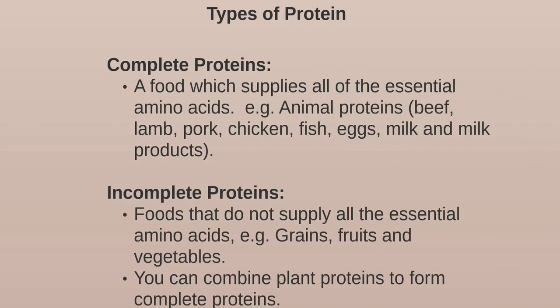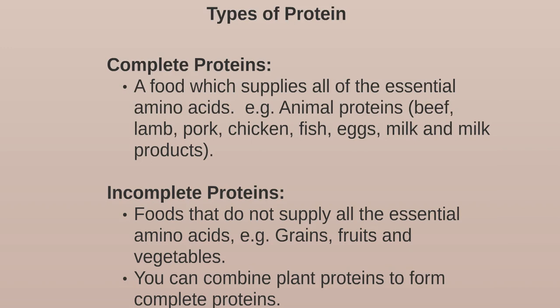I guess the easier classification for us than learning all the amino acids is the distinction between a complete protein food and an incomplete protein food. A complete protein food supplies all of those 8 essential amino acids in one food product.